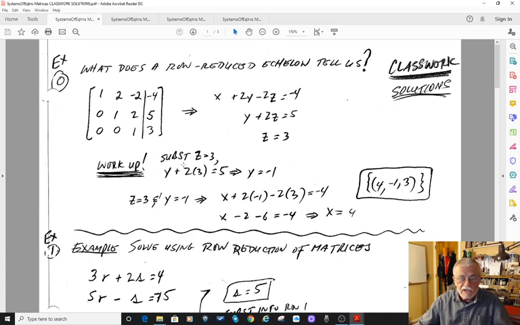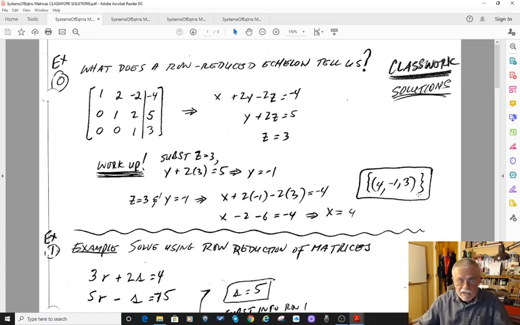So here I'd substitute z equals 3 into that second equation right here, and you get y plus 6 equals 5, so y is negative 1. And then you'd backward substitute both z is 3 and y is negative 1 into the first equation, and you work it out a little bit, and you get x is 4.